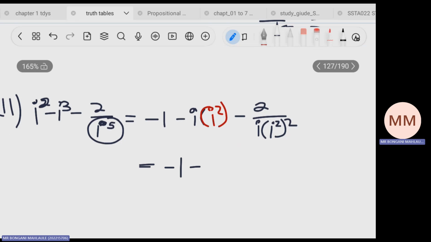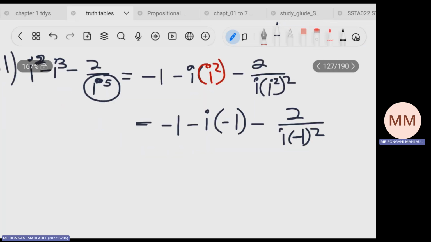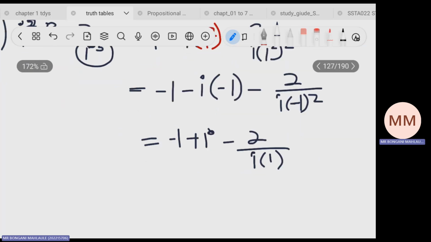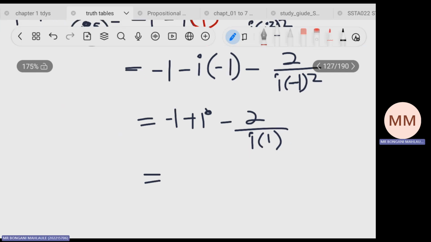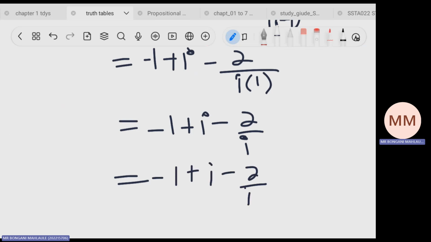And then this is negative 1 minus i times negative 1, minus 2 over i times negative 1 squared. And this is the same as plus i minus 2 over i times 1. And this will be 2 over i. Right, then here we'll have to rationalize this part.